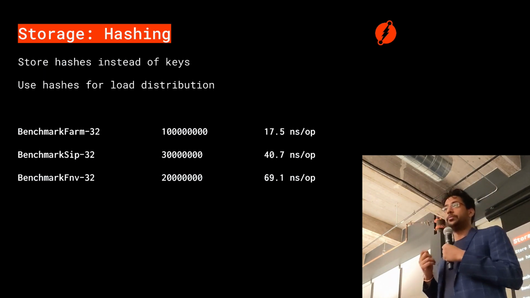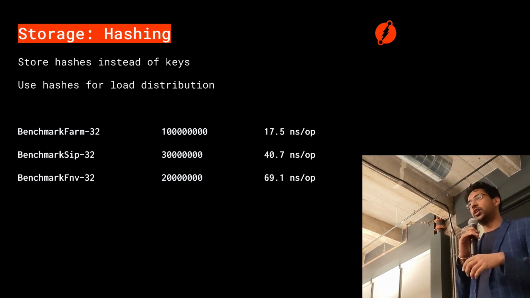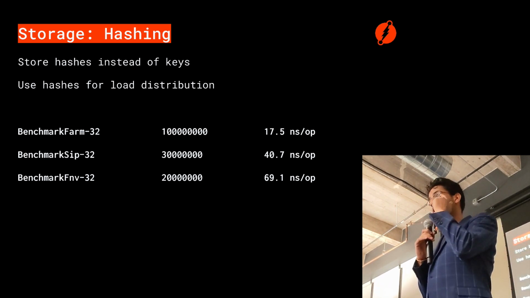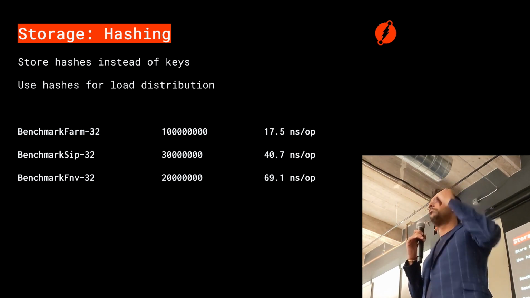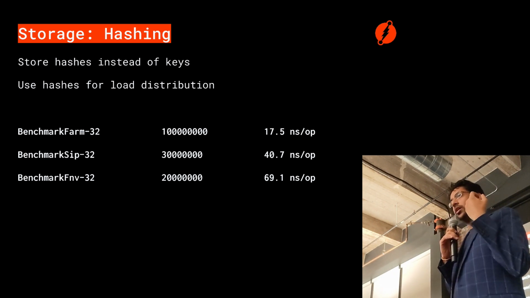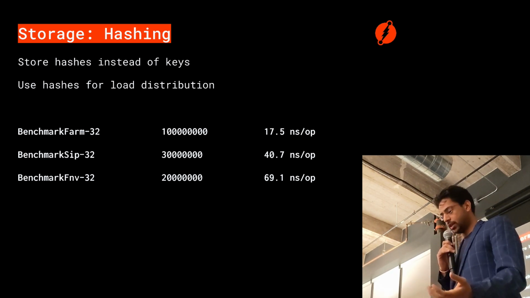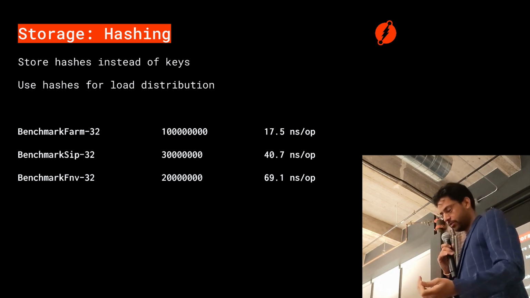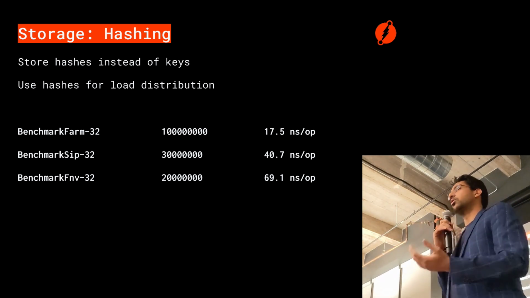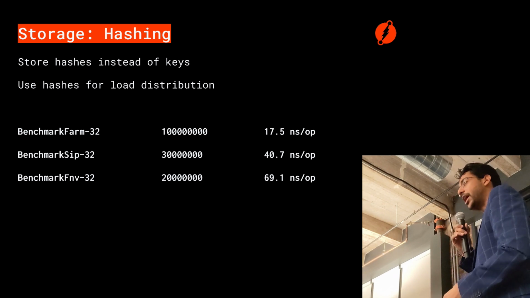In Dgraph and Badger, we see keys which are quite long and can take a considerable amount of memory to store, and we didn't want to pay for that cost. So what we did was use a uint64 hash over these keys and store that in the maps. We did some benchmarks against commonly known hashing libraries.